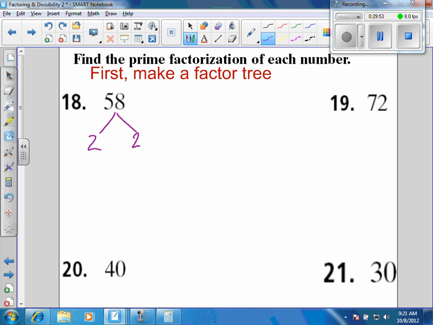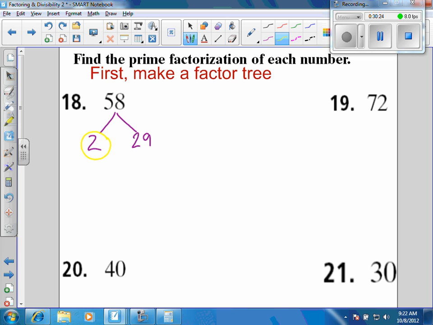Is either one of those numbers prime? 2 is prime. Okay. So then how do you get 29 with multiplying? Michaela? 9 times 3 is 27, so 9 doesn't go in.